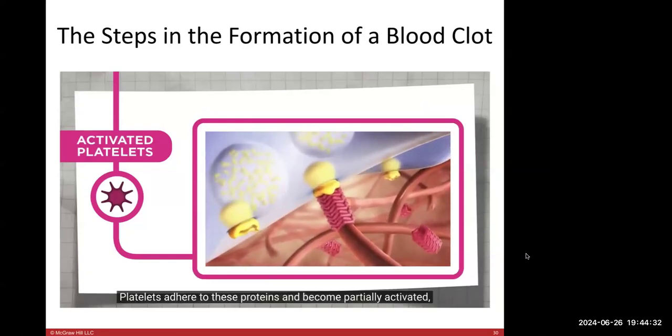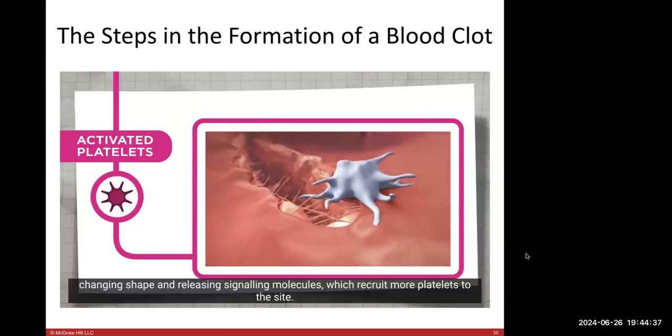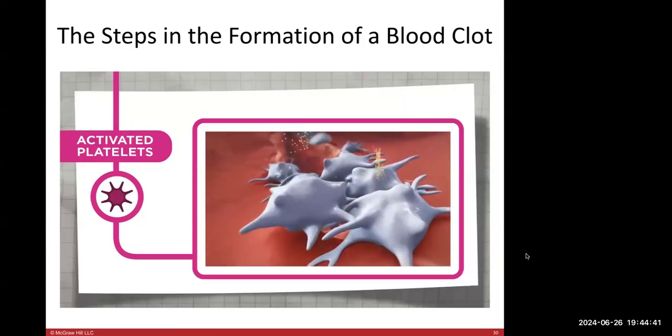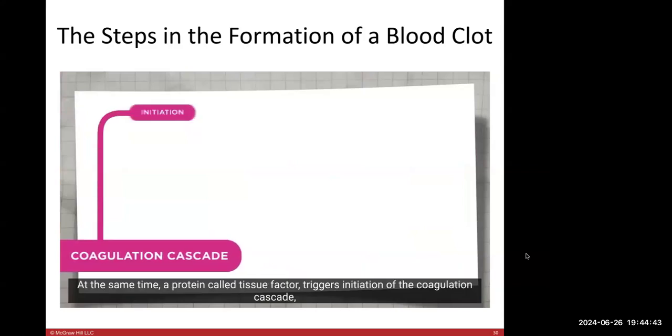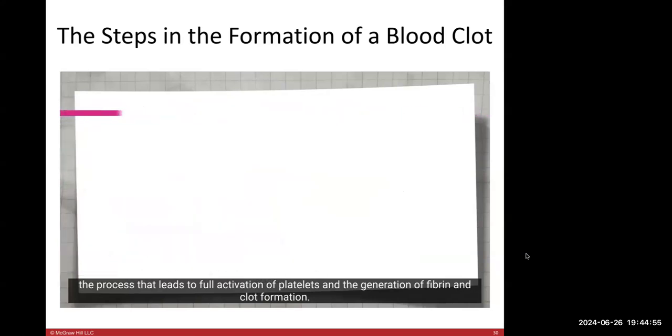Platelets adhere to these proteins and become partially activated, changing shape and releasing signaling molecules which recruit more platelets to the site. At the same time, a protein called tissue factor triggers initiation of the coagulation cascade, the process that leads to full activation of platelets and the generation of fibrin and clot formation.